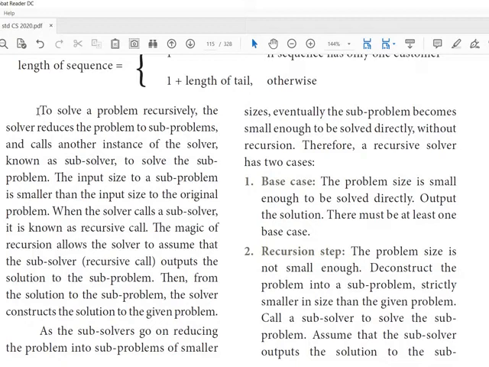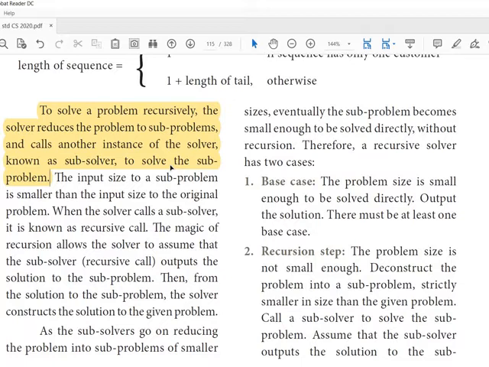To solve a problem recursively, the solver reduces the problem to subproblems and calls another instance of the solver, known as a subsolver, to solve the subproblem. So simply, recursion is dividing into subproblems.